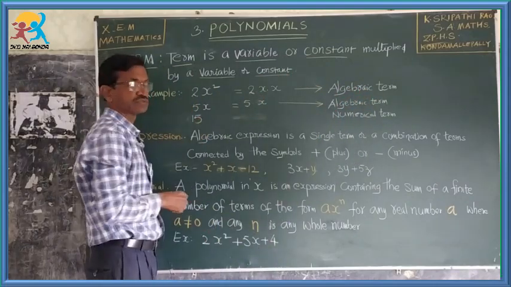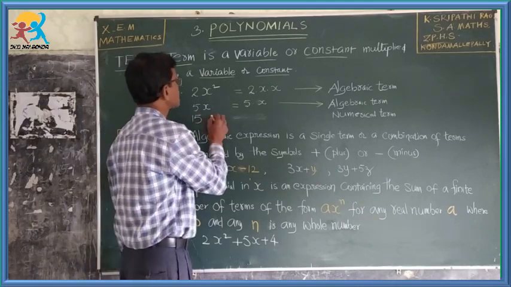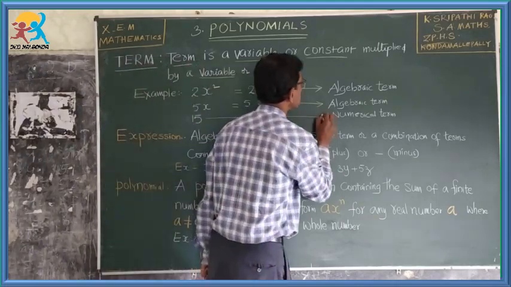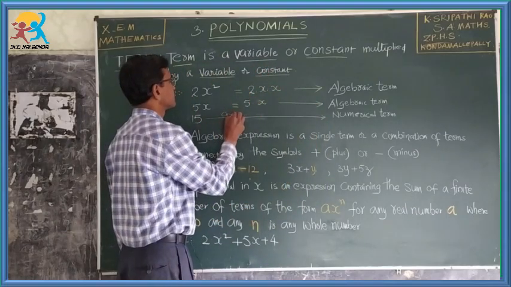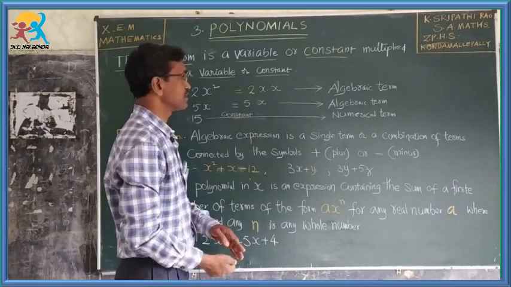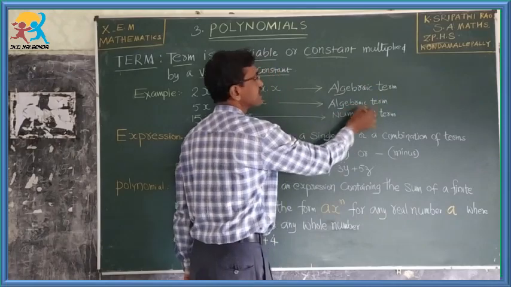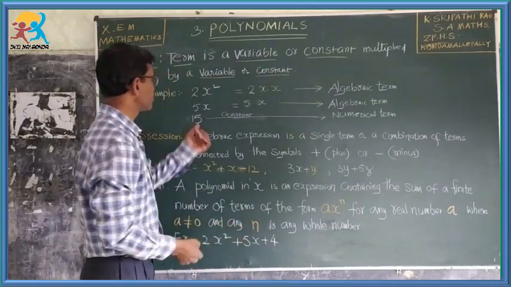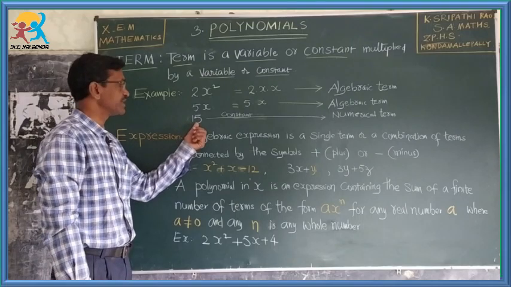Here 15, there is no variable, so it is a constant, that's why it is called a numerical term. Therefore terms may be of two types: algebraic terms and numerical terms. A numerical term means there is only a number, without any variable.